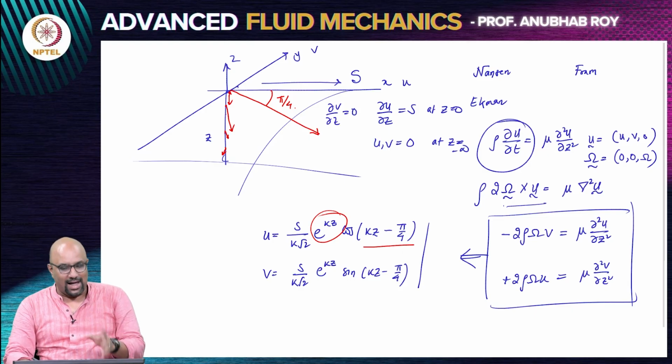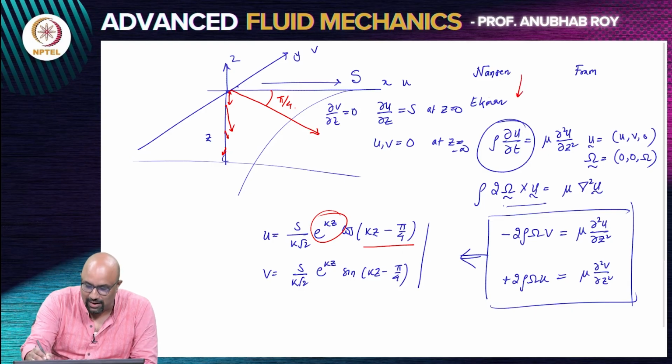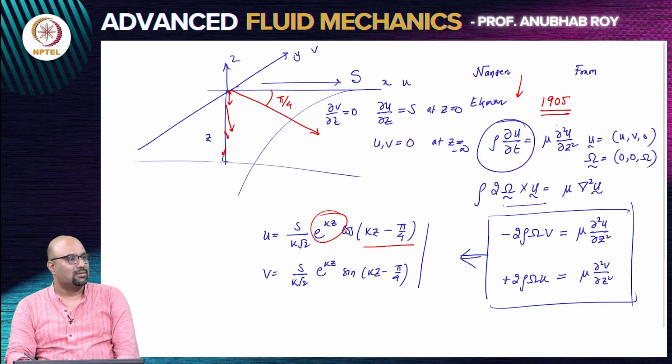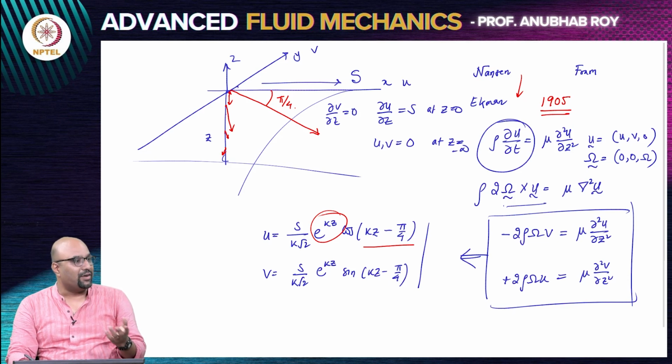Because Nansen's work which led to Ekman doing this also happened incidentally in the same year as Prandtl's work, 1905. 1905, obviously the rest of the physics community knows as the famous year of Einstein's major papers, right? That's Annus Mirabilis, the miracle year where all of Einstein's famous papers came out.